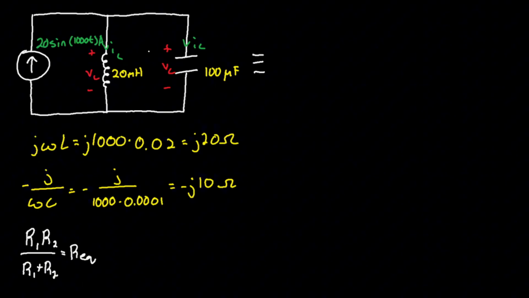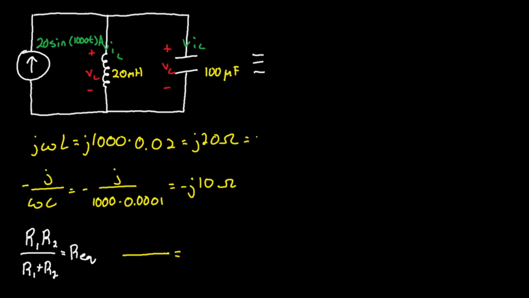So how does this correlate to this? Well, we have two resistors in parallel, right? And this formula gives us the equivalent resistance for two resistors in parallel. So if we just do the math using this guy, we'll be able to find the equivalent resistance. So R1 times R2.